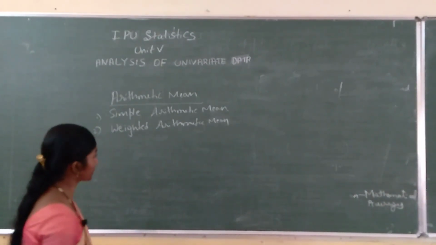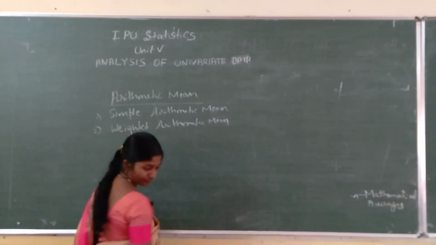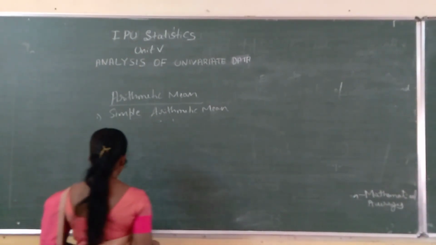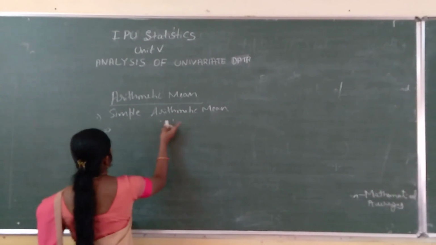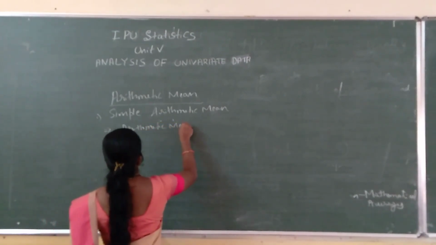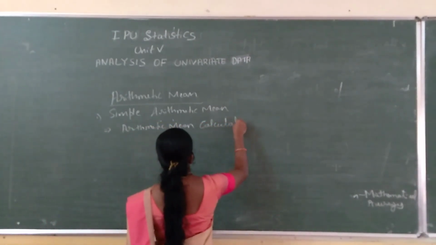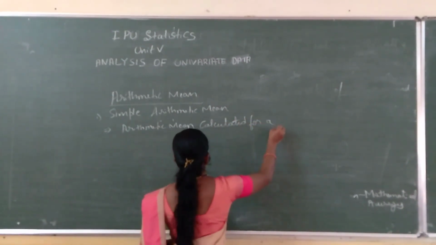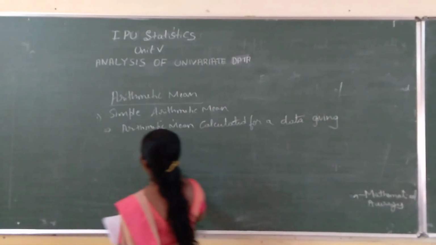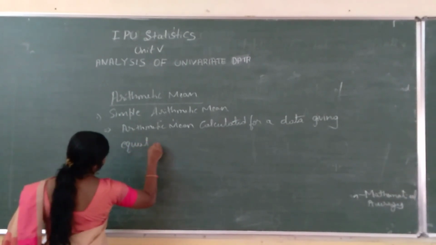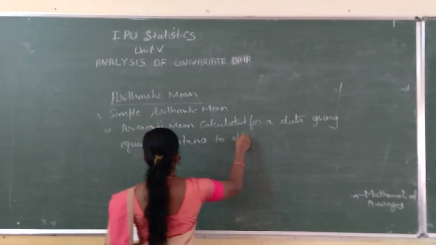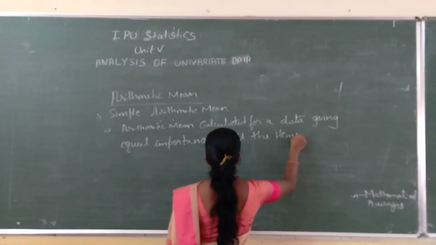Now, simple arithmetic mean. Simple arithmetic mean means the arithmetic mean calculated for a data giving equal importance to all the items in the data.